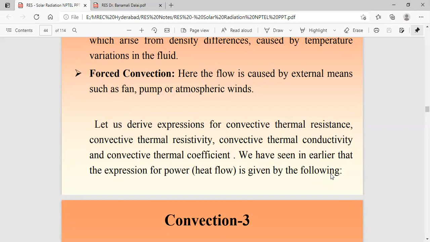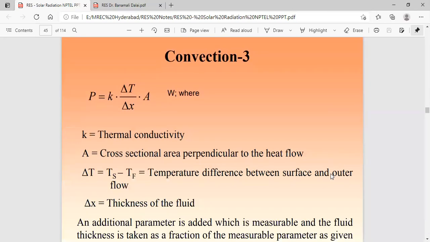We have seen earlier that the expression for power is given by P equal to K into del T divided by del X into A, where K is the thermal conductivity, A is the cross-sectional area perpendicular to the heat flow, del T is equal to Ts minus Tf, the temperature difference between the surface and the outer flow, and del X is the thickness of the fluid.